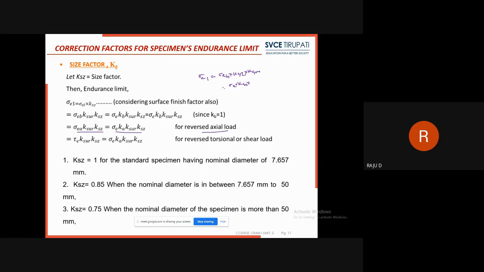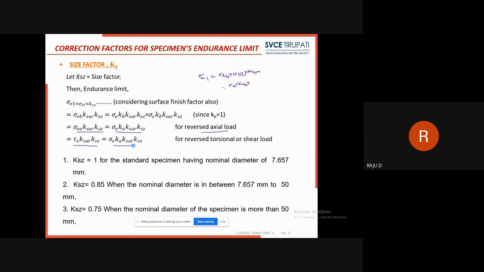In shear loading, tau e into K surface into K size. You must clearly understand the concept, then only can you substitute the values in our problems.